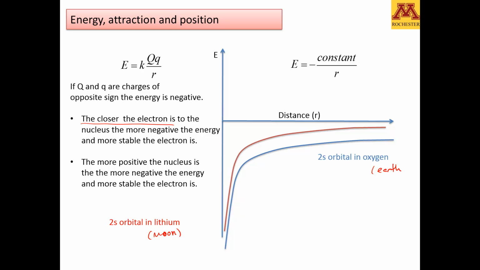Of course, what we are trying to show here is that the more positive the nucleus is, like oxygen, the more negative the energy is, and the more stable the electrons are.